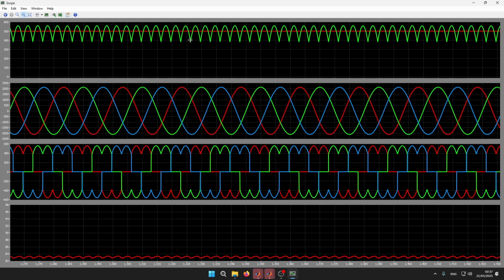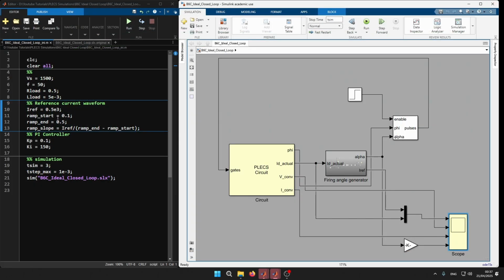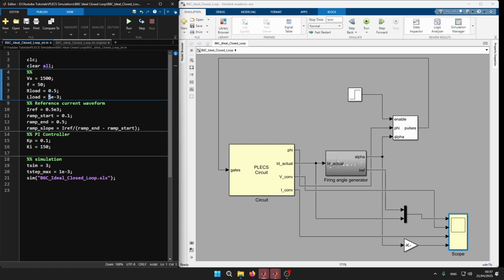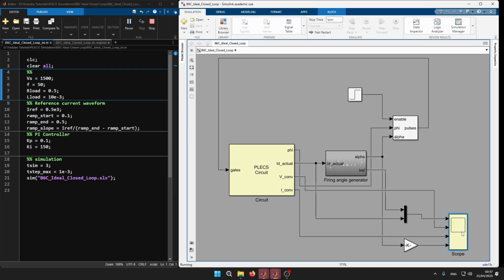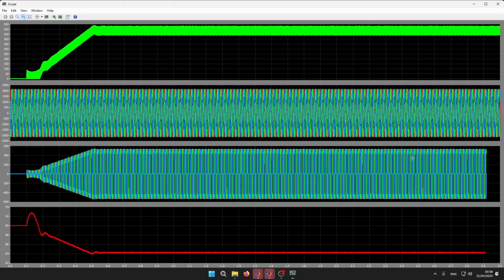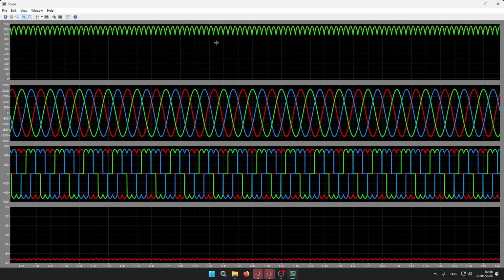We have a considerable amount of ripple here, but this could be reduced by adjusting the value of the PI parameters and also by increasing the inductance value. Like if we take 10, it should be filtered out. Yes, a little bit better, but it just needs a fine adjustment.